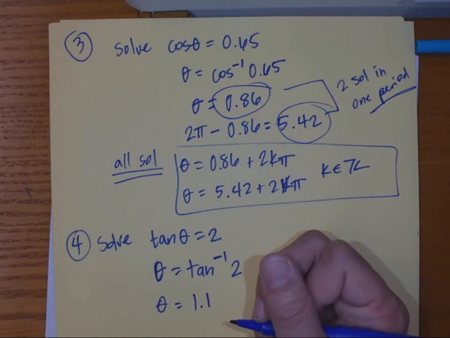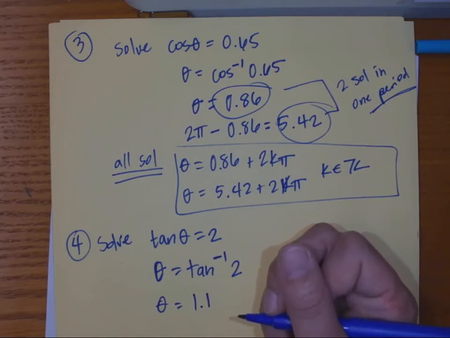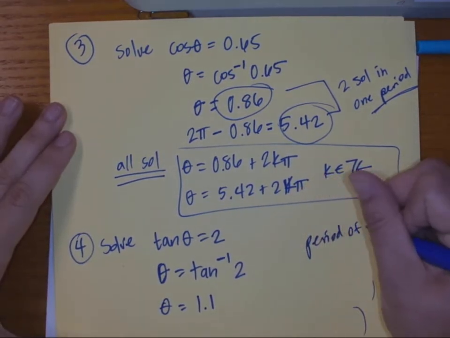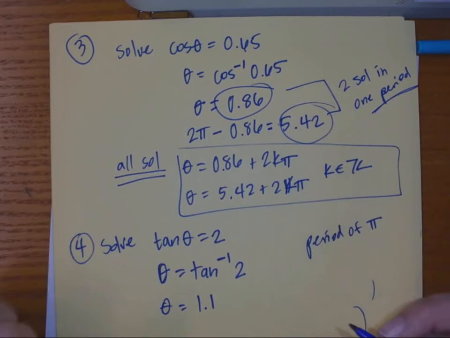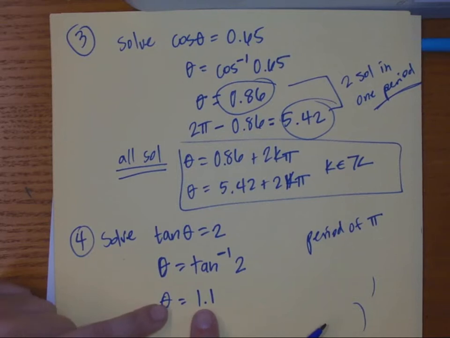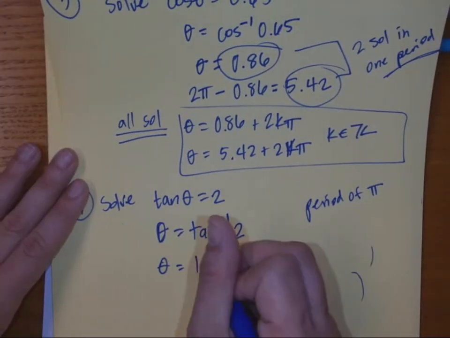Okay, so remember, since tangent only has a period of just pi, that means you're only going to get one solution here. So you don't have to subtract from 2 pi here because you're only going to get one solution. So that's my answer for one period.